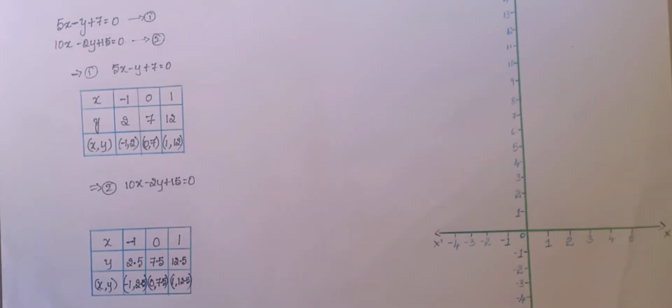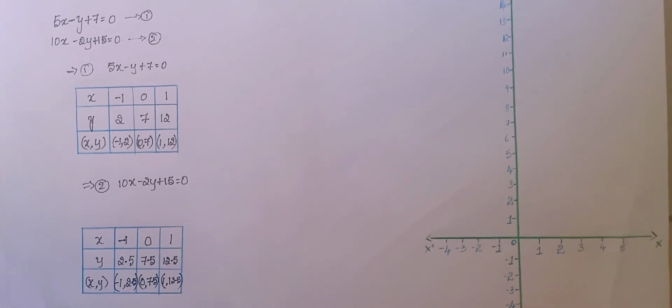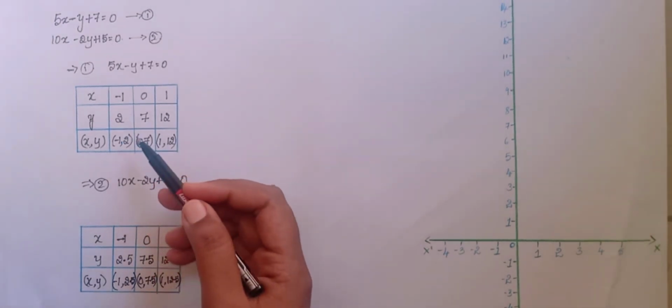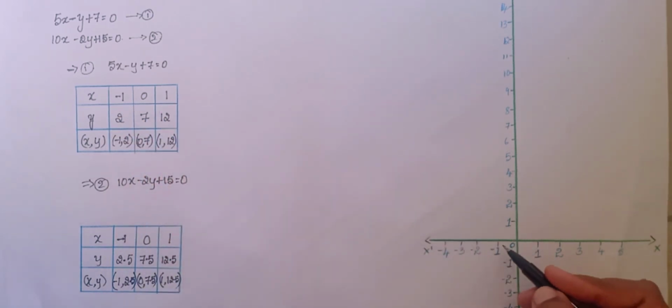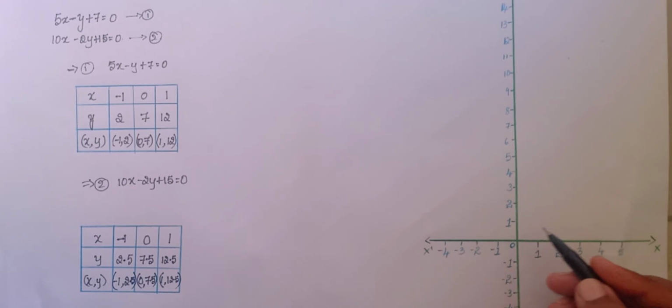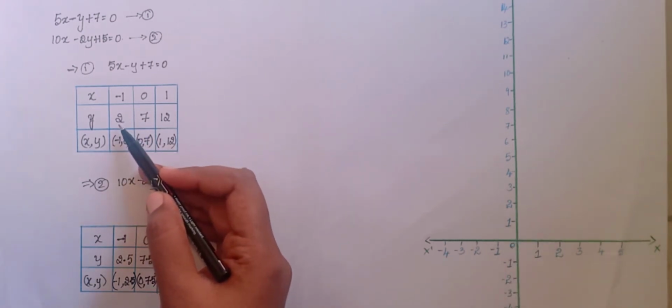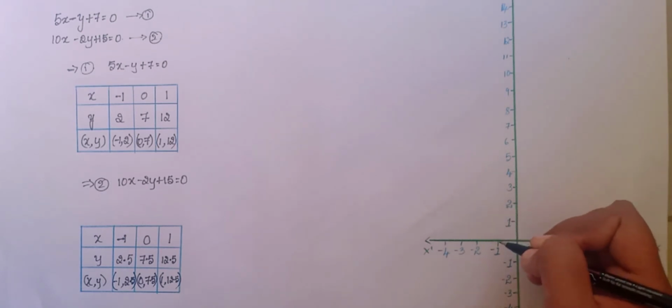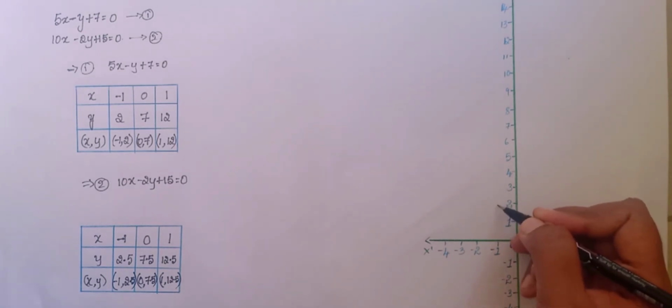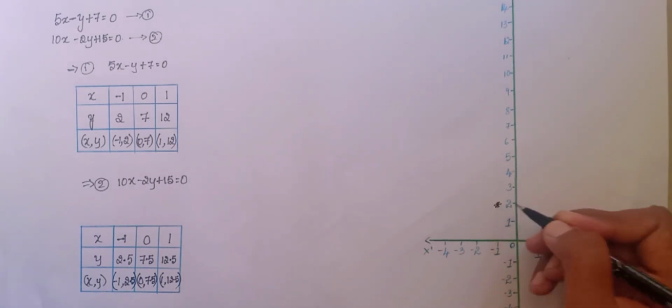Now we got all the solutions. We will mark them on a graph and draw the graph to see how we are going to get parallel lines. In the first equation, the x value is minus 1 and the y value is 2. So here we have the y axis, and here we have 2. Here we are going to get this point.